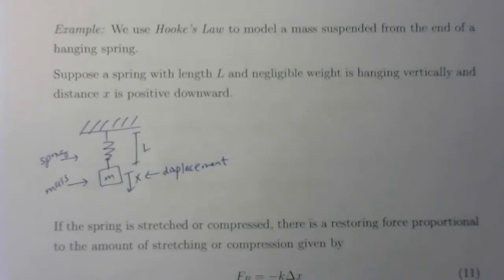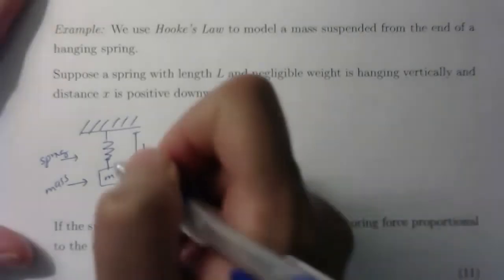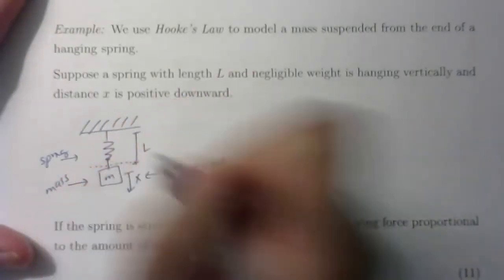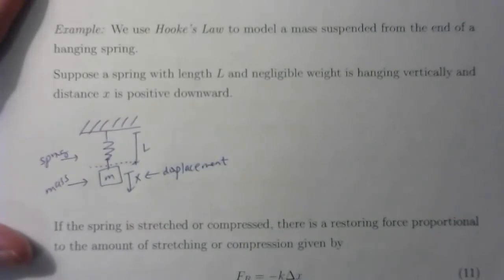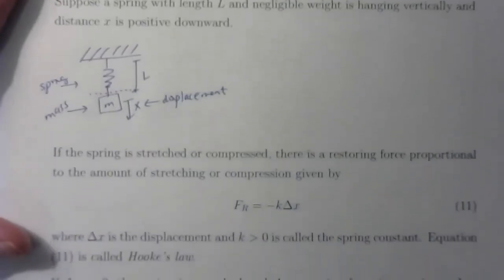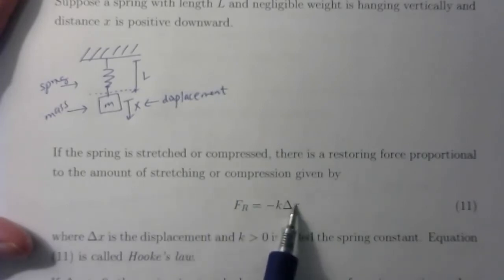Great. So if the spring is stretched or compressed, I guess this L comes before I even put the mass onto it. If the spring is stretched or compressed, then we get this restoring force that is proportional to the amount of stretching or compression.